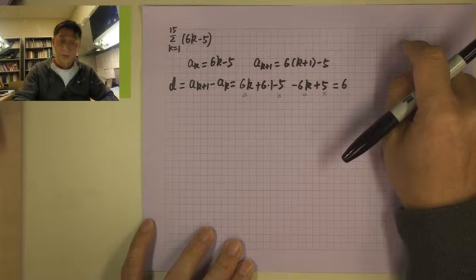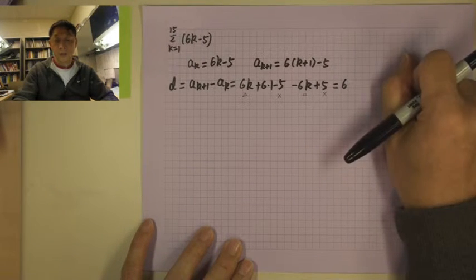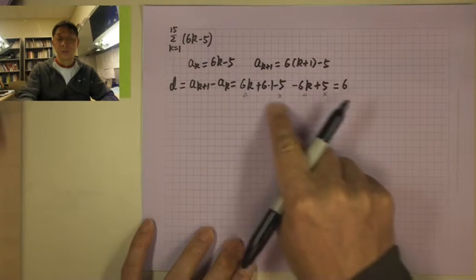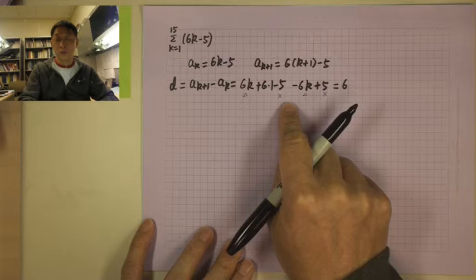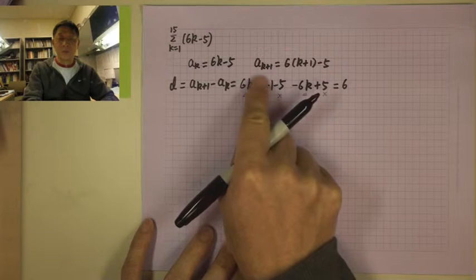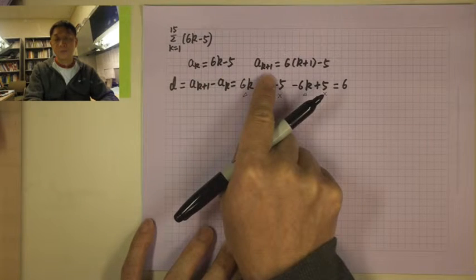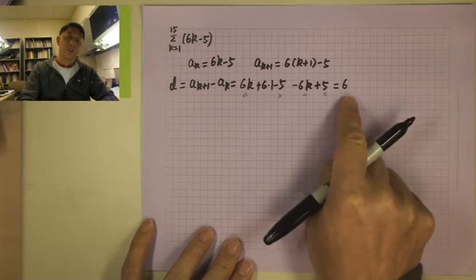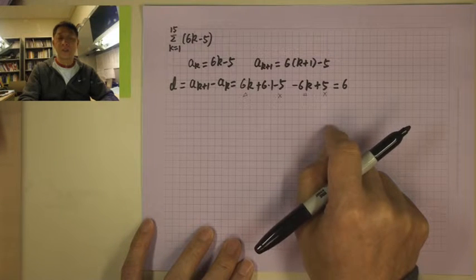Be careful. Okay. Now, it also proved the general formula down here. It also proved the difference of any two consecutive terms is 6. So this is an arithmetic sequence.